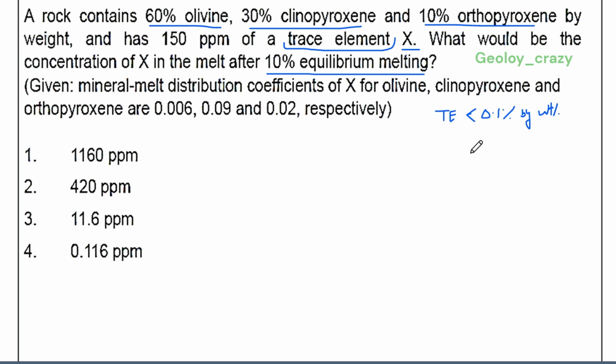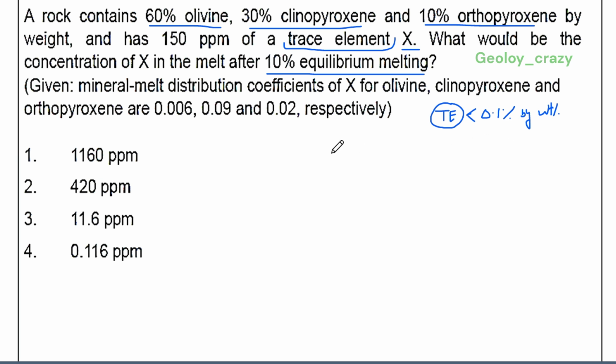Even though they are present in small amounts, they help us understand the nature of the magma and other things. We have already discussed 2-3 questions using trace elements such as rubidium, strontium, Sm and Nd. Trace elements are less than 0.1% by weight.